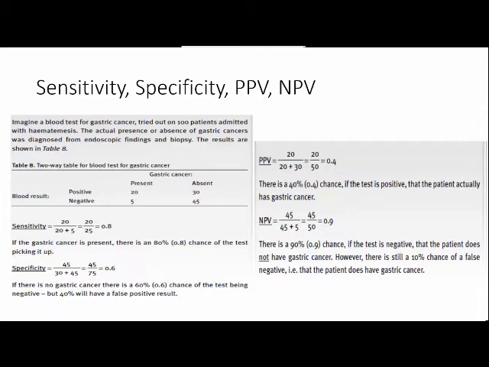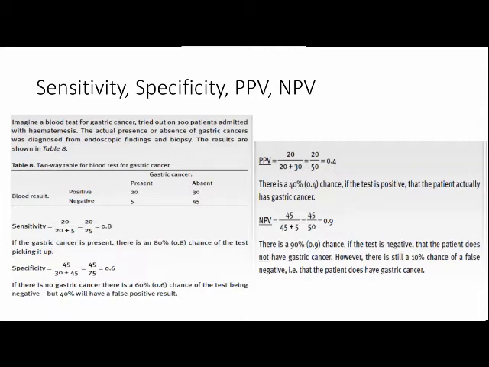Sir, sensitivity means how often it correctly generates a positive result for people who have the condition. Sensitivity shows the true positive cases, and specificity the true negative cases. Positive predictive value is whether the patient actually has the disease, and negative predictive value is the chance that the test is negative and the patient does not have the gastric cancer, sir.